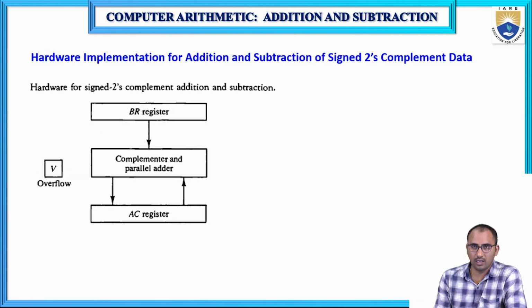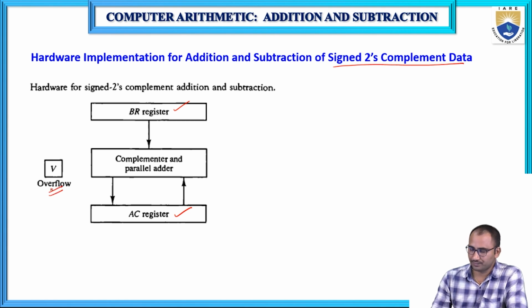So this is the hardware implementation of the adder and subtractor for signed 2's complemented data. This is the AC register and this is the BR register, the accumulator register and B register, and the complementer and adder. Here it performs the signed 2's complemented operation. This is the overflow.